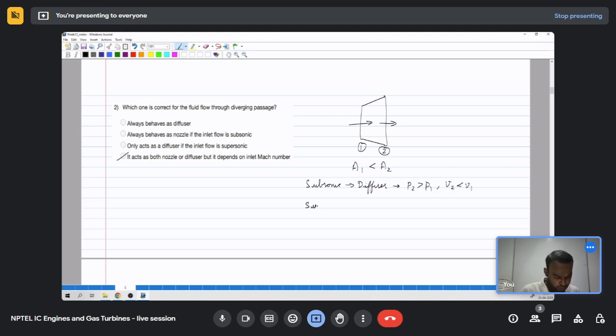And in case of supersonic, it will be a nozzle, which means pressure at 2 will be less than pressure at 1, and velocity at 2 will be greater than velocity at 1.